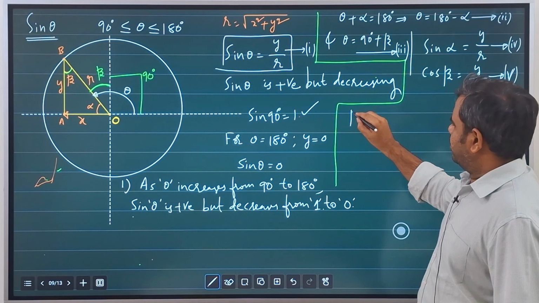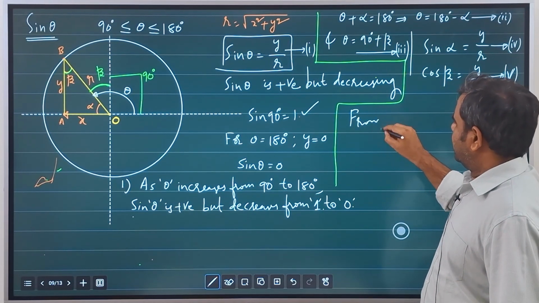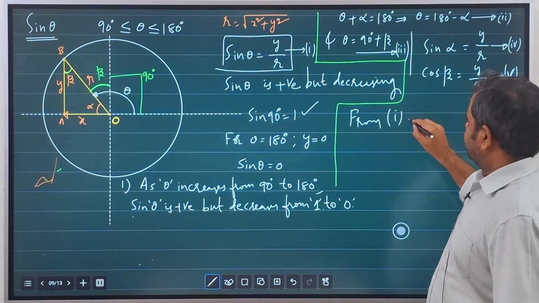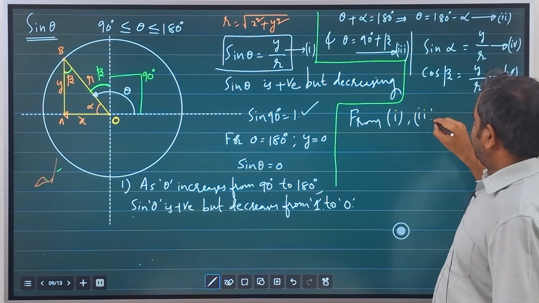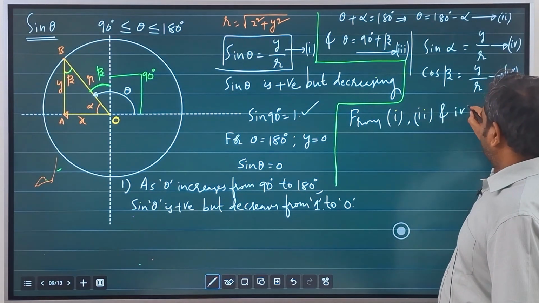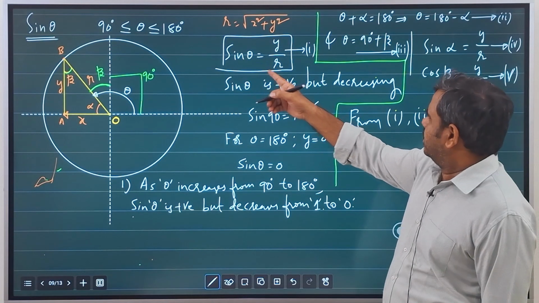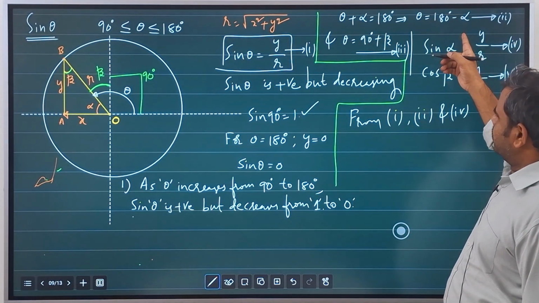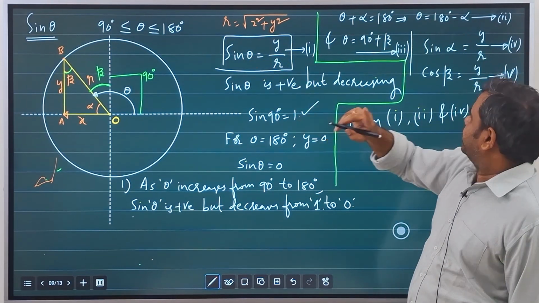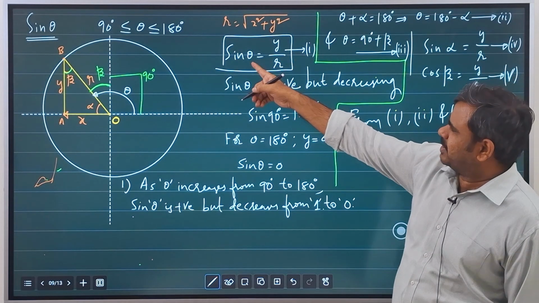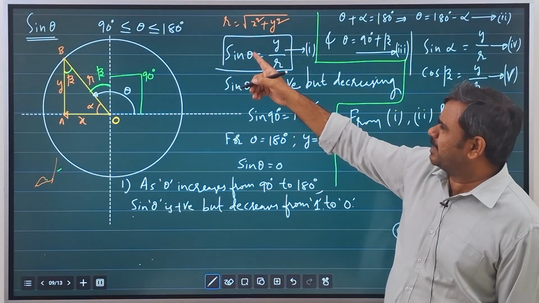So from first, second and fourth, what is the conclusion I come to? Here I am going to substitute the second equation in the first equation. So in place of theta I am going to write 180 degrees minus alpha.